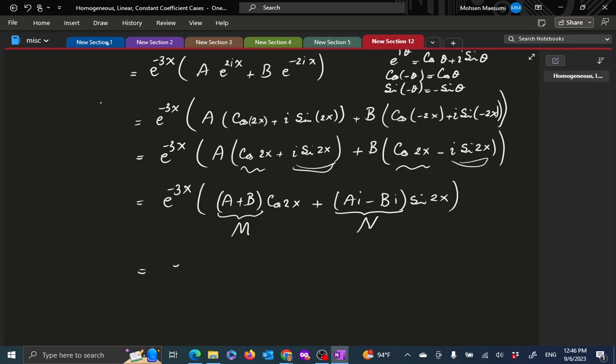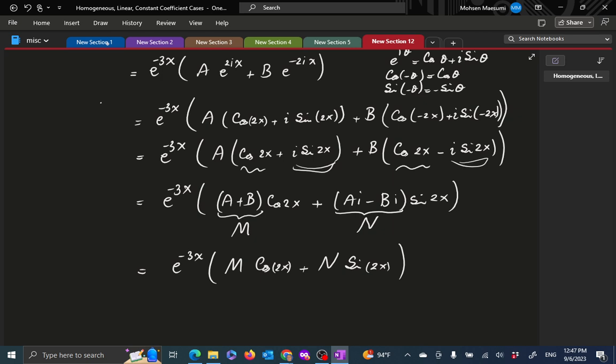Let's clean this up. Exponential of minus 3x times m cosine of 2x plus n sine of 2x. Again, I did a bit of sloppy writing. This really has to be in parentheses, otherwise it could get misunderstood.